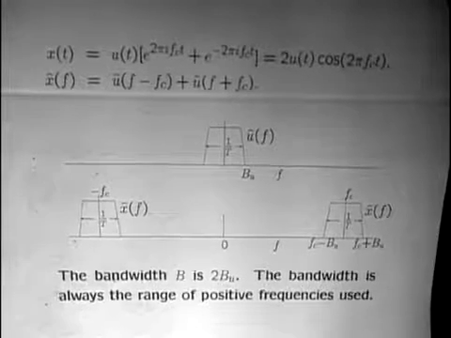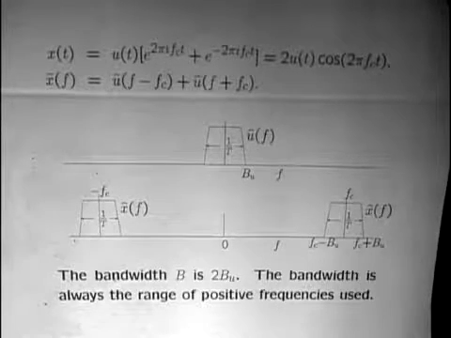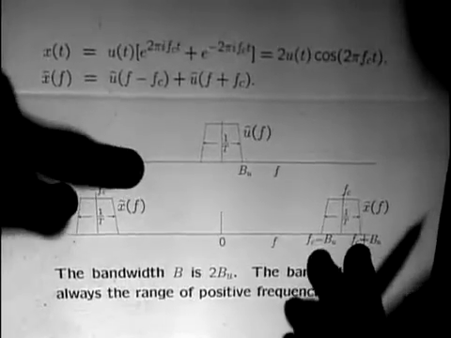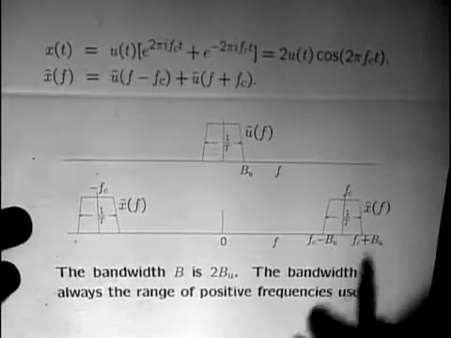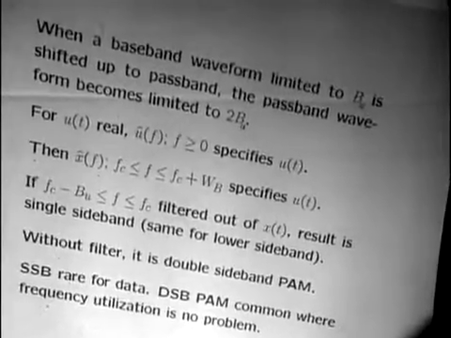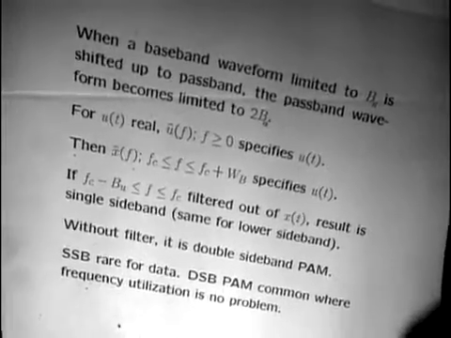Okay, so when people talk about sidebands, what they're referring to is not this is one sideband and this is another sideband. What they're referring to is this is one sideband and this is one sideband. This is stuff you all know, I'm sure, but haven't thought about for a while.